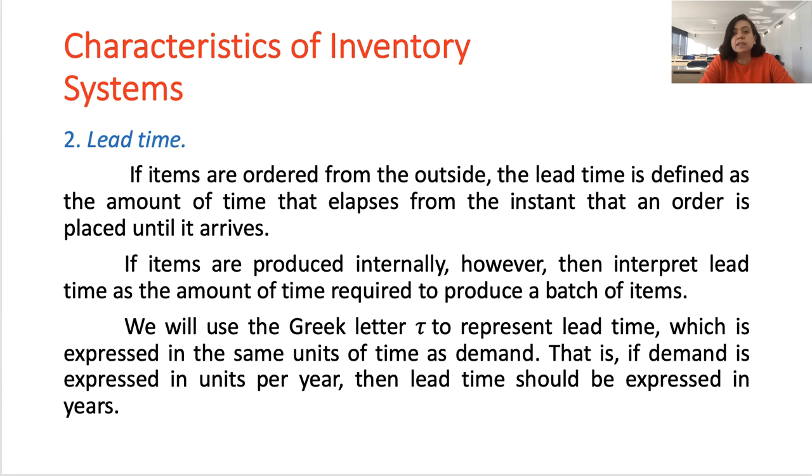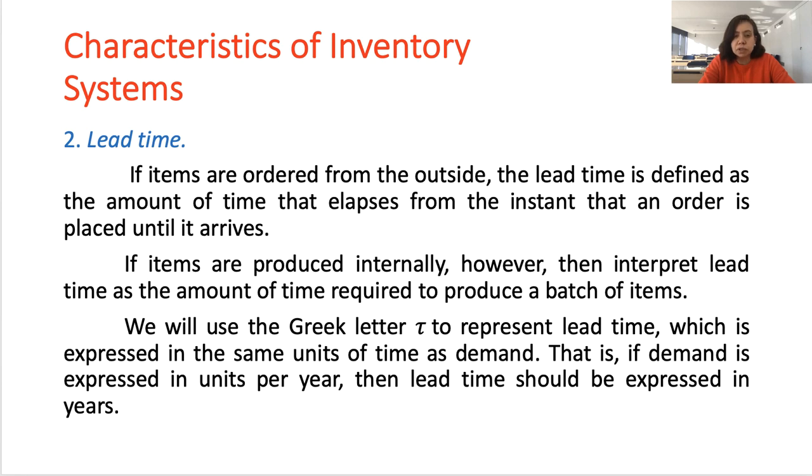And secondly, lead time. In fact, I already defined lead time as if items are ordered from the outside. The lead time is defined as the amount of time that elapses from the instant that an order is placed until it arrives. But if items are produced internally, then we can interpret lead time as the amount of time required to produce a batch of items.